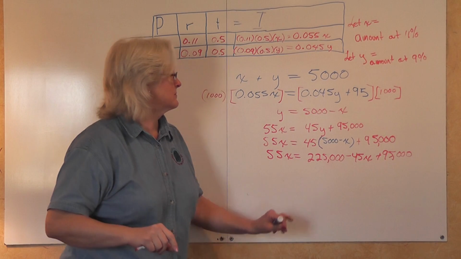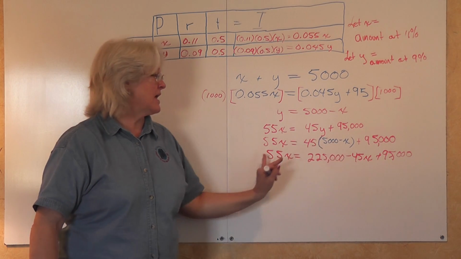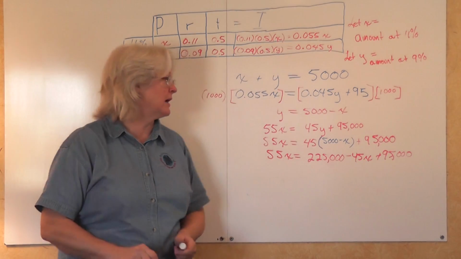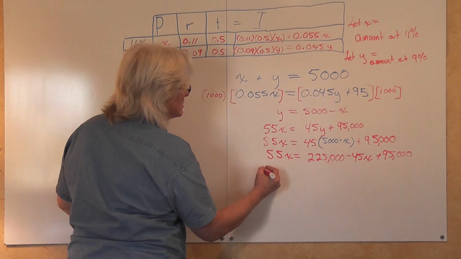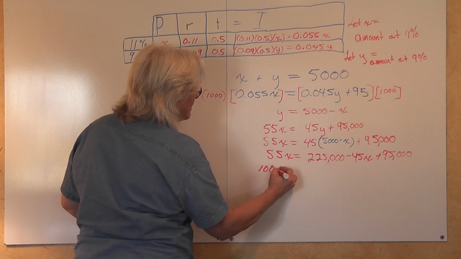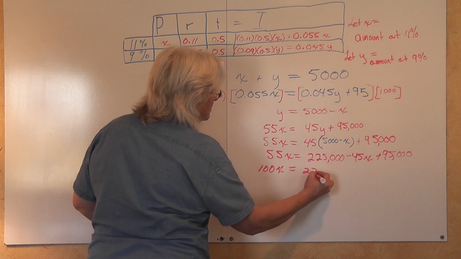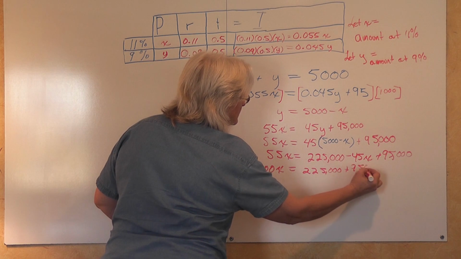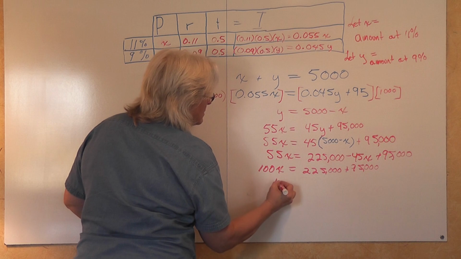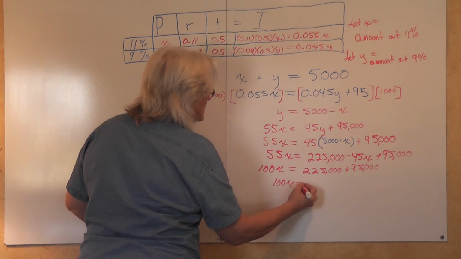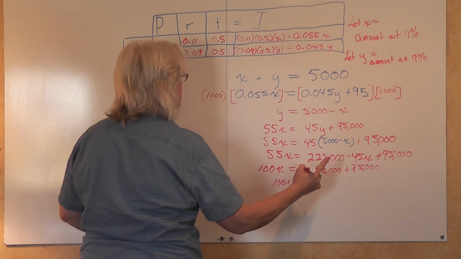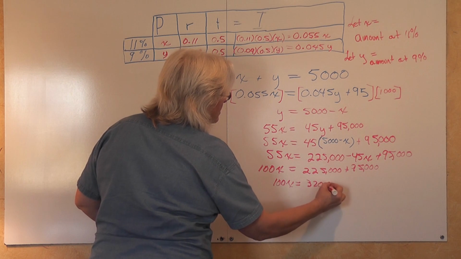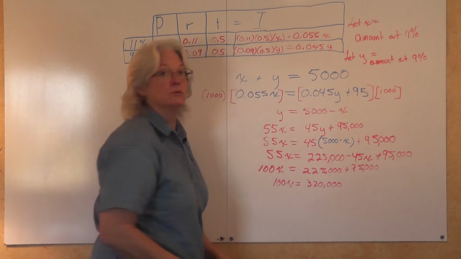And I do. We want to have our x on the left-hand side of the equation. We do that by adding 45x to both sides of the equation. That gives us 100x is equal to 225,000 plus 95,000. 100x is equal to 320,000.